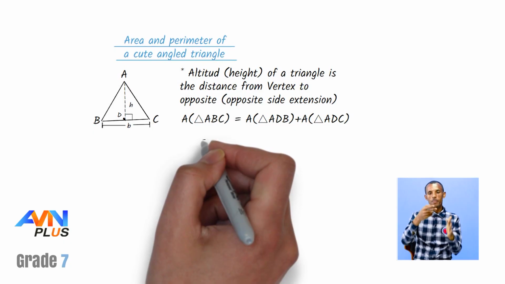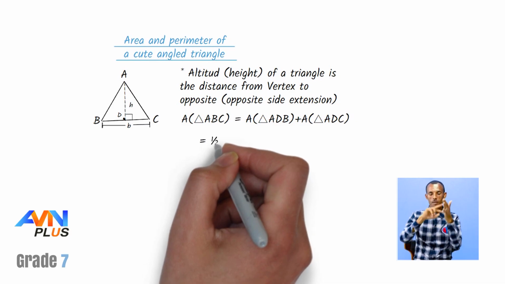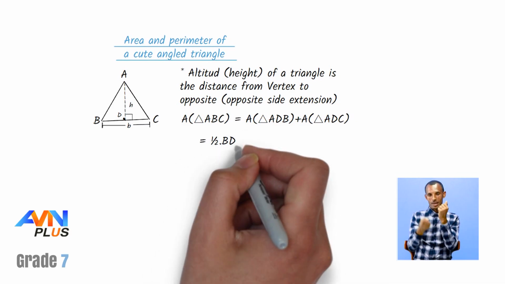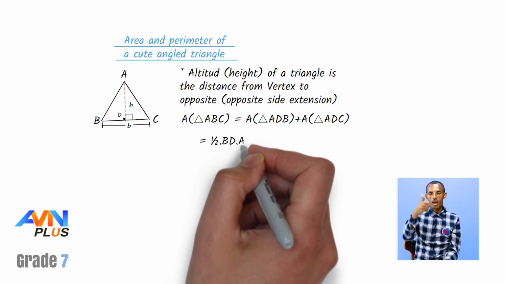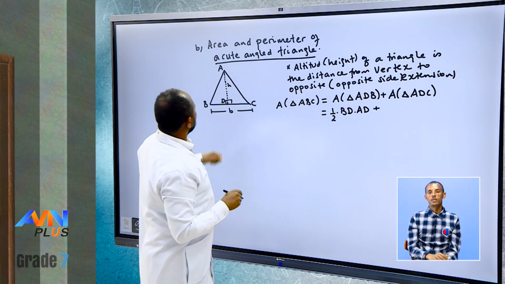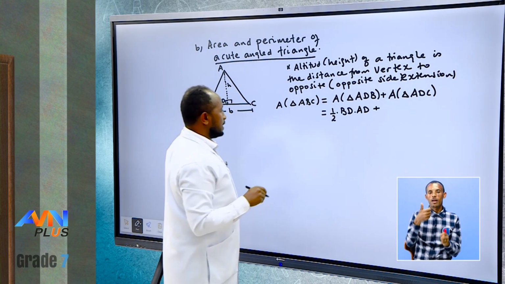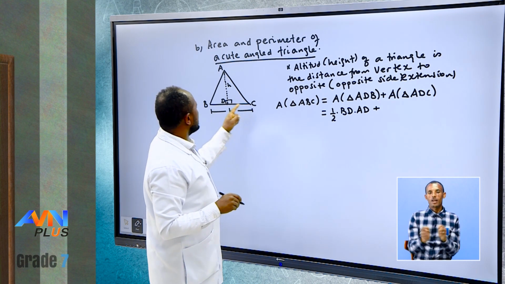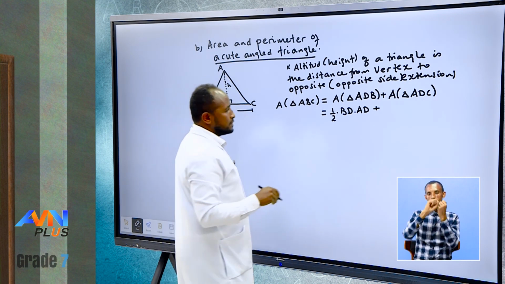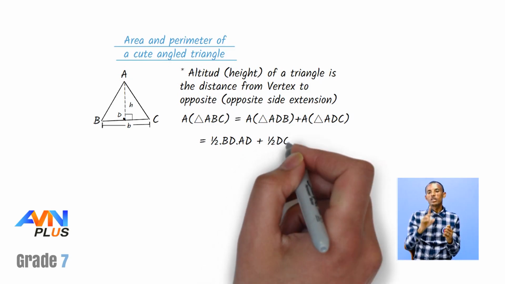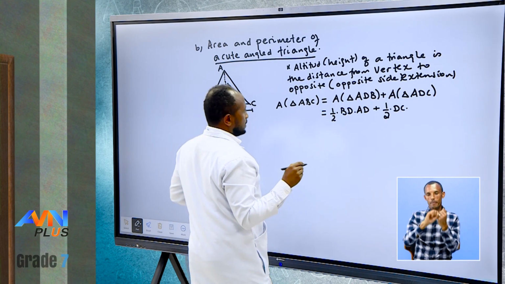So its area will be half times the base BD times the height AD, plus the area of triangle ADC, again simply a right angle triangle. You multiply its base and height. The base is DC, half times DC times AD.